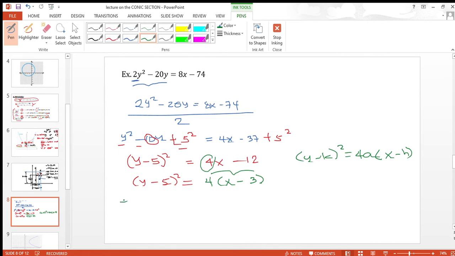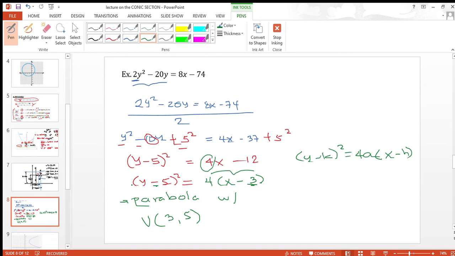You will now describe this, it is a parabola with vertex at x minus h. So, ang h natin, 3. Y minus k. So, ang k natin, 5. Diba? So, we have a parabola with vertex at 3, 5.